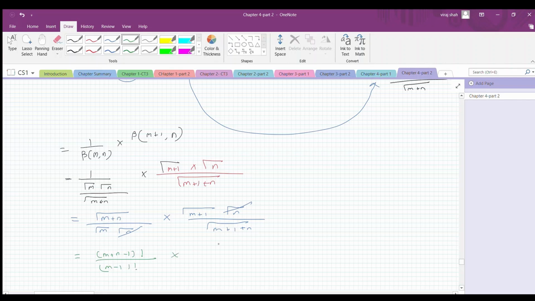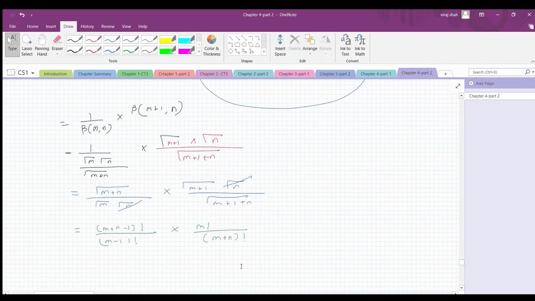I can write this as m factorial. Gamma of m plus 1, I can write as m plus 1 minus 1 factorial, which is nothing but m factorial. And this would be m plus 1 plus n minus 1, which is nothing but m plus n factorial. Right?